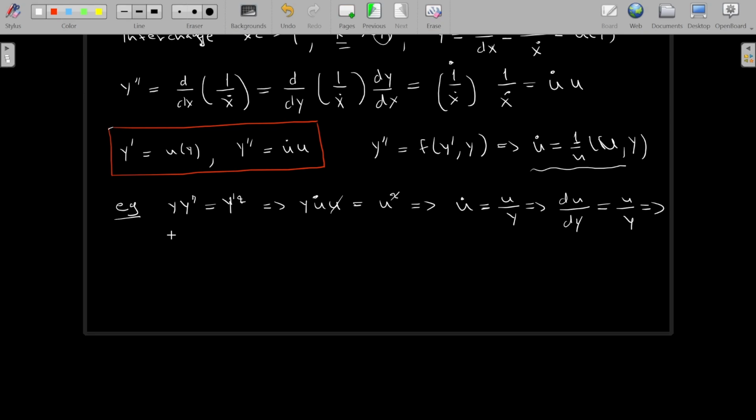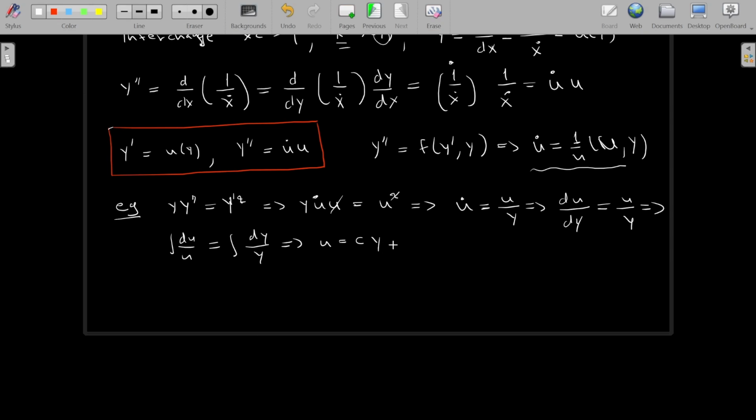So you have du/u is equal to dy/y, meaning that u is equal to a constant times y. And this is y prime, right? So to find y, we're just going to integrate with respect to x, because this is y differentiated with respect to x.